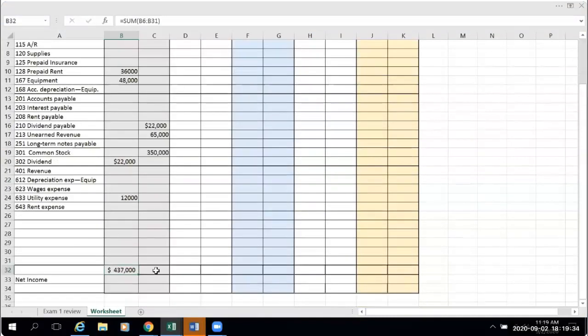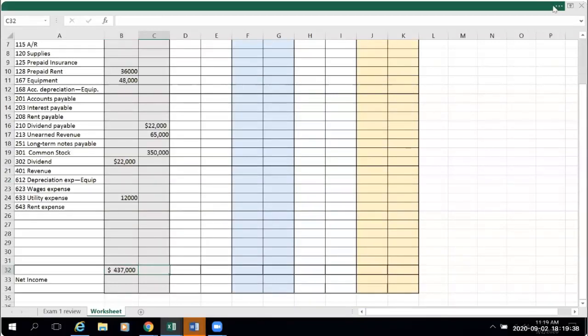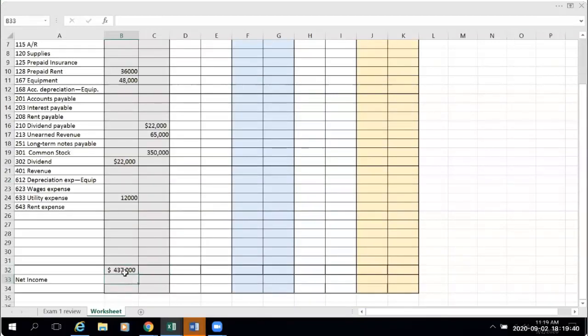Let's go at the bottom and do the same sum over there, or just go back to 437. Whatever formula you made in here, you see that formula? Grab the fill handle, okay? And push it all the way to the right.